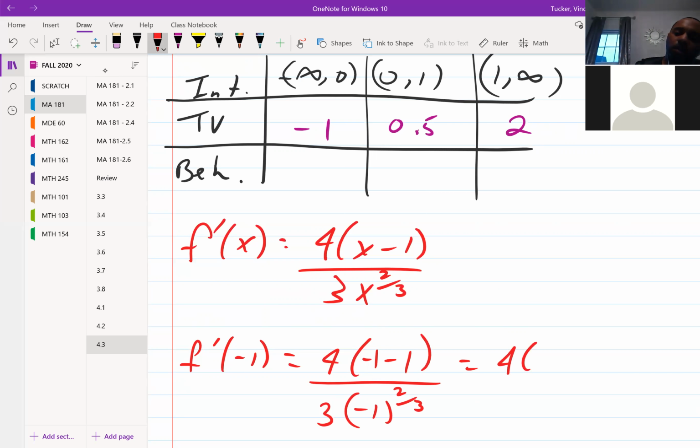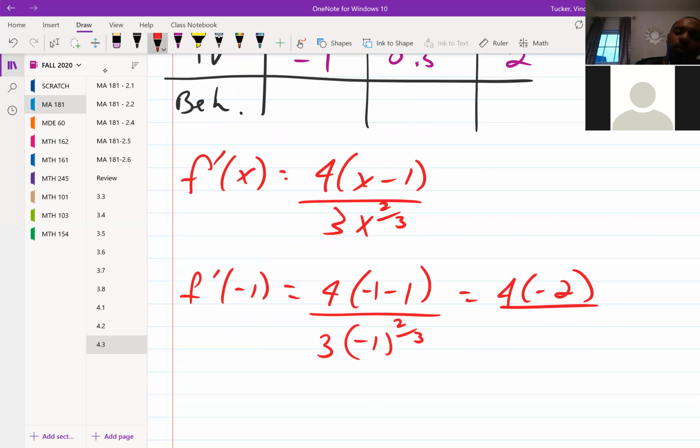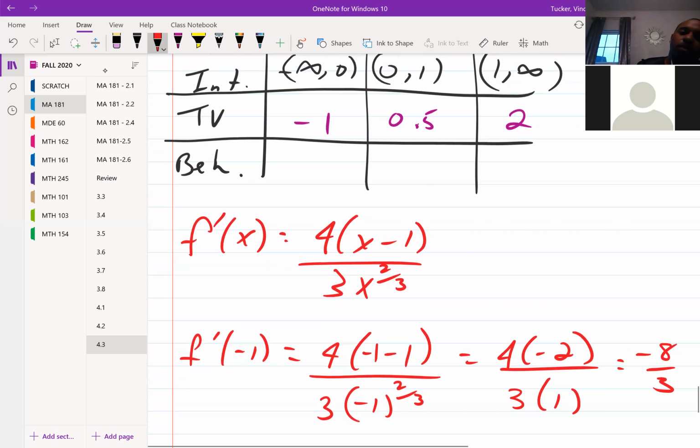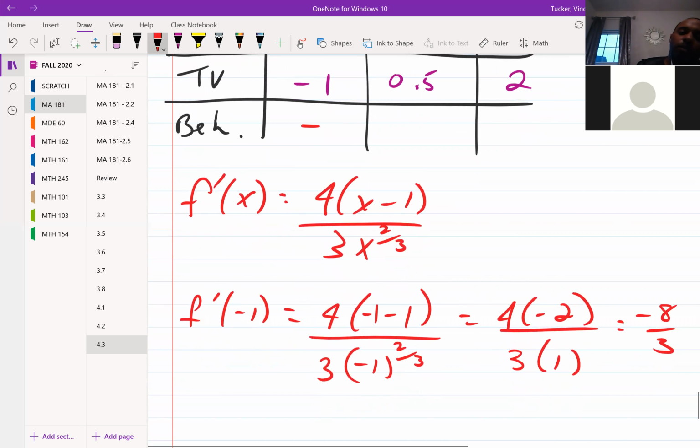All right, so that's -2 on top. You take the cube root of -1, which is -1, then square it, which is +1. So that's -2/3. So we're looking at negative for the first one.